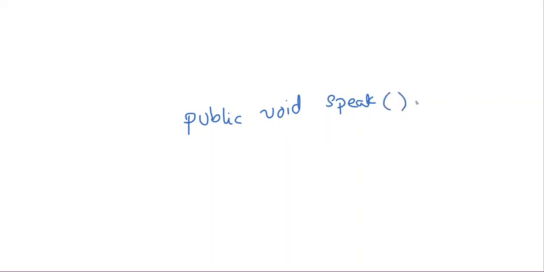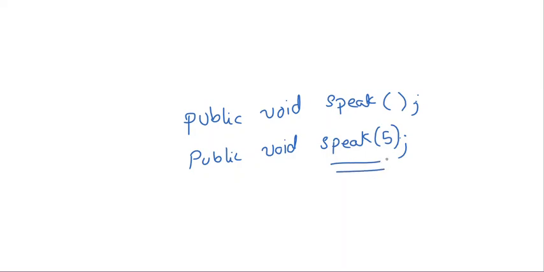The first one does not take anything. The second one, if I write it down, takes an integer, right? Always remember, the very first thing that the compiler does is look at the method name and then the list of arguments to see what we have written.